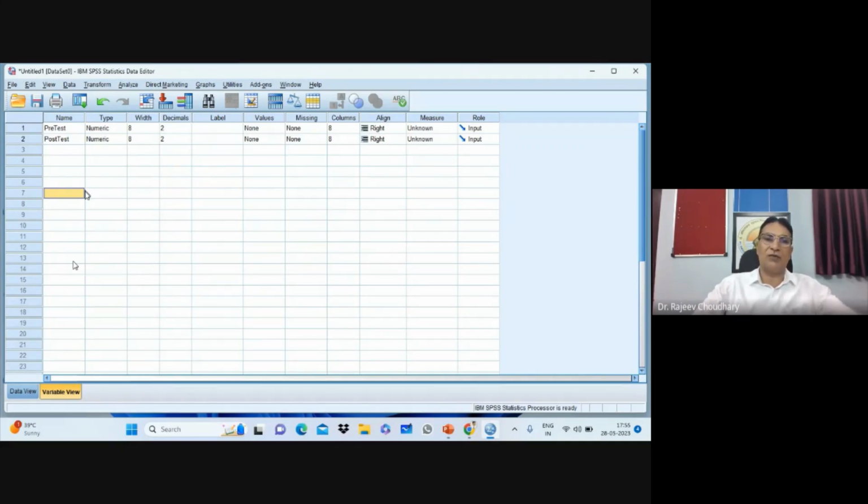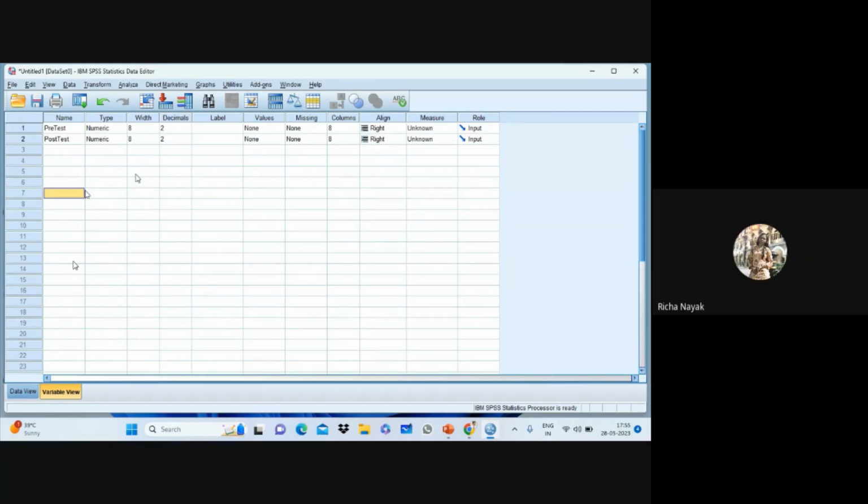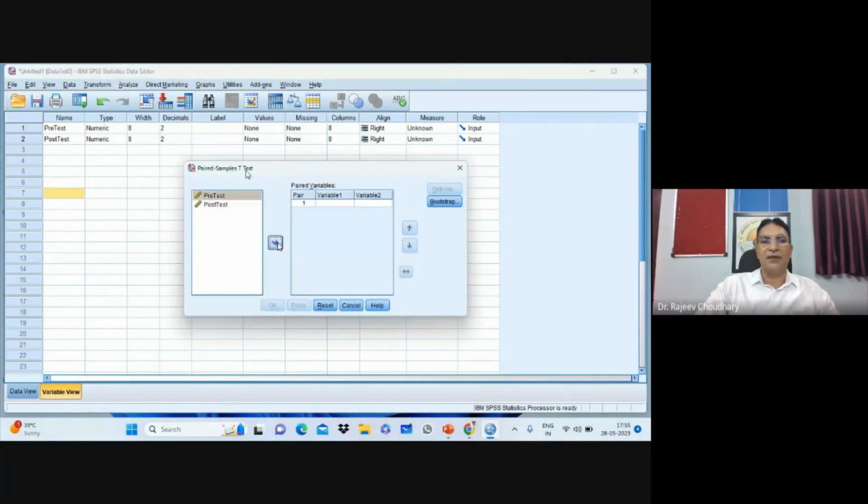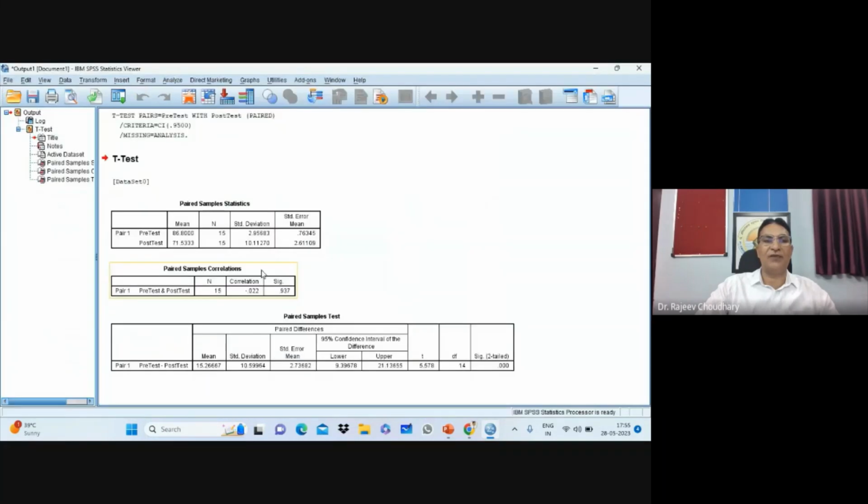Suppose data is normal, we apply the dependent t-test. Agreed? Go to Analyze, Compare Means, Paired Samples T-test, make a pair, click on OK, and the result will be in front of you.